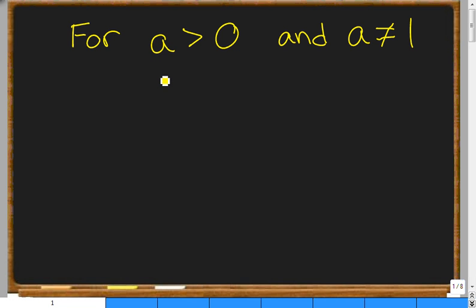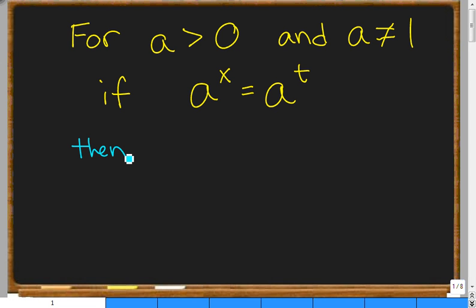That if a to the x equals a to the t, and really this is a biconditional thing. If that's true, then x has to equal t.